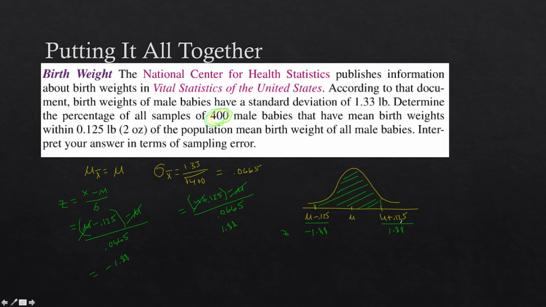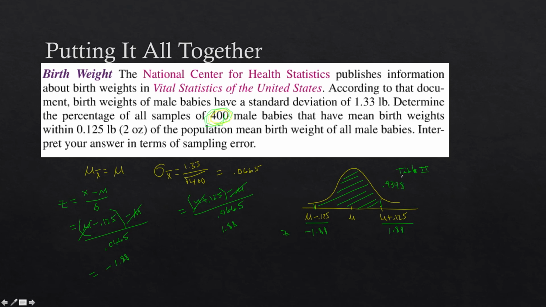It's the area to the left of 1.88 minus the area to the left of negative 1.88. Turn to Table 2 in the back of your book and find that area in between. If you do this correctly, it should be 0.9398.